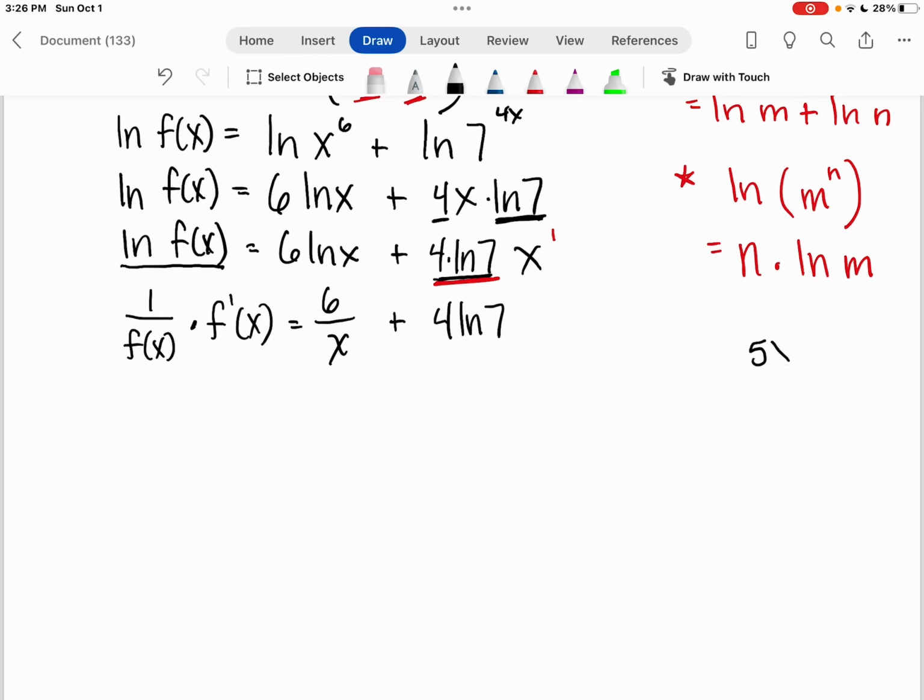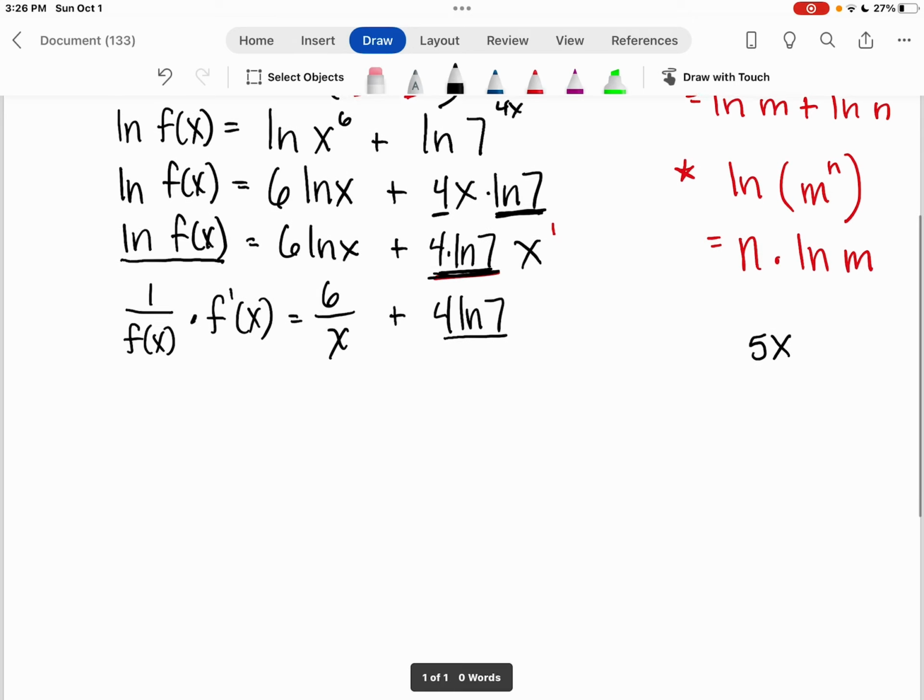Just like if I gave you 5x, and I said, what's the derivative of 5x? You would say it's 5, because you're looking at just the coefficient in front. Well, that's why when I take the derivative of 4 natural log 7x, it's just 4 natural log 7.